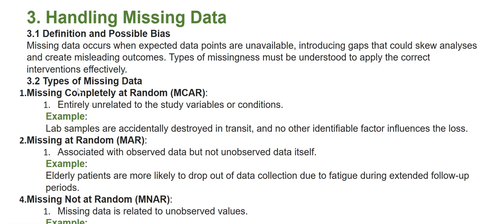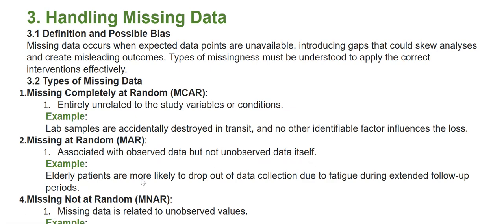Types of missing data: missing completely at random, MCAR, entirely unrelated to the study variables or conditions. Example, lab samples are accidentally destroyed in transit and no other identifiable factor influences the loss. Missing at random, MAR, associated with observed data but not unobserved data itself.